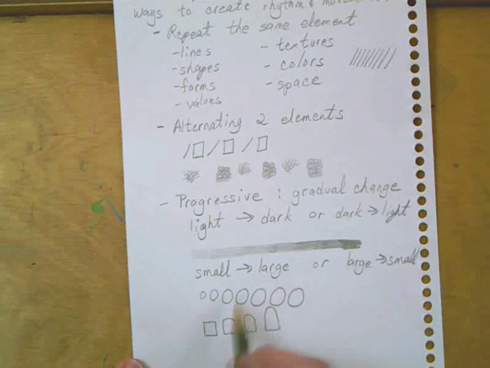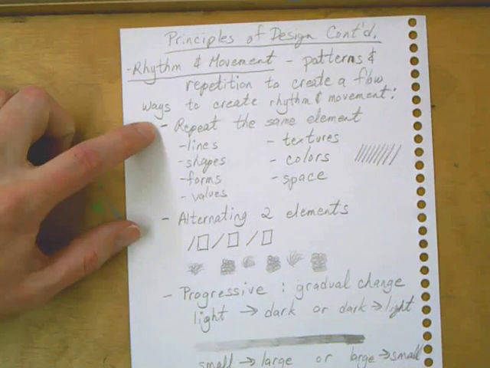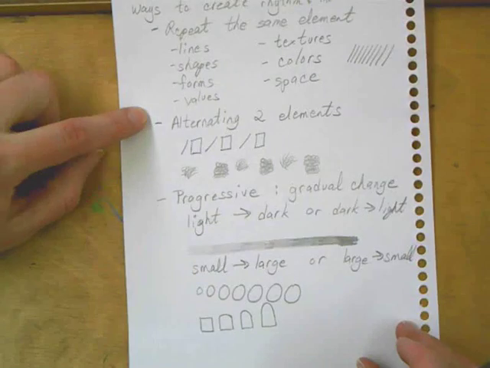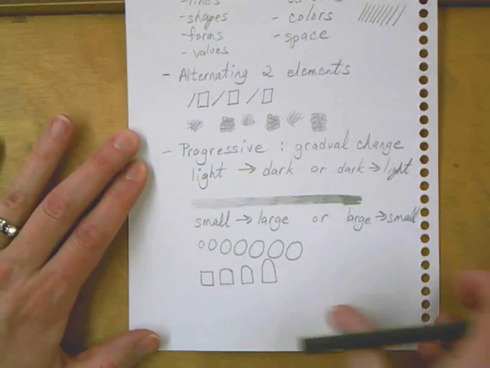Change it a little bit more. So it keeps changing. Okay, so for rhythm and movement, we have repeat the same elements, alternate two elements, or progressive, which means a gradual change. Okay?